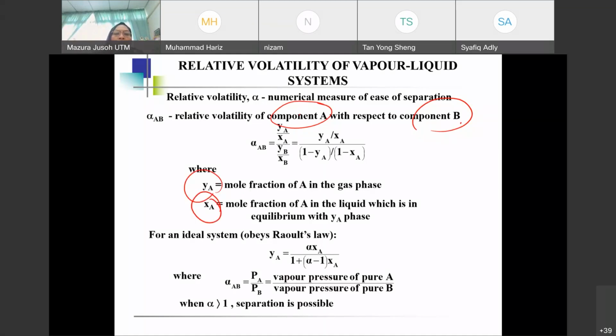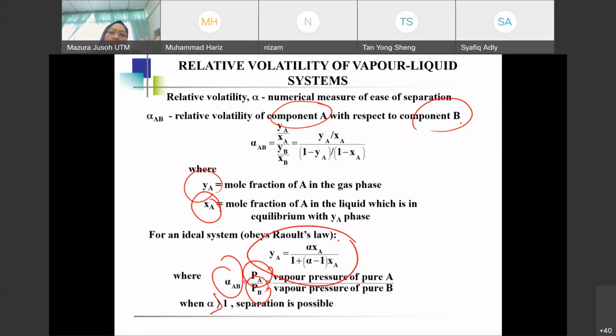Right, for an ideal system, this is what you always use for the alpha value. You just take the vapor pressure of pure A over the vapor pressure of pure B, then you will get your alpha value. If your alpha value is bigger than 1, then separation is possible.